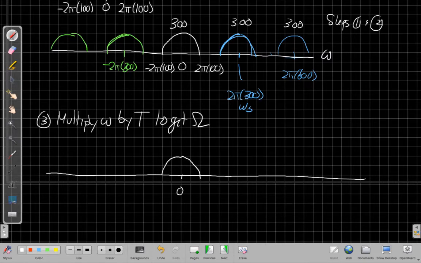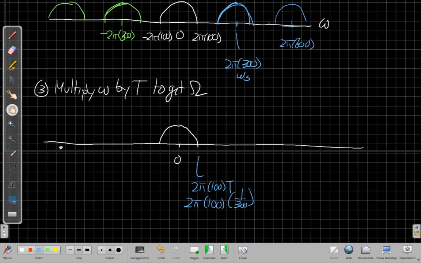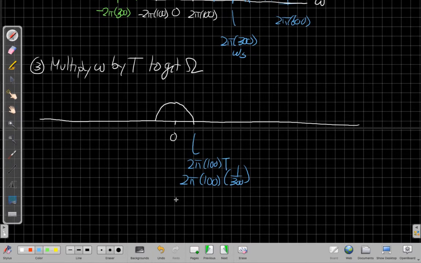This edge right here is now 2 pi times 100 times T, which is 2 pi times 100 times 1 over 300. So at that right edge, this is now pi times 200 over 300, so this is 2 pi over 3.